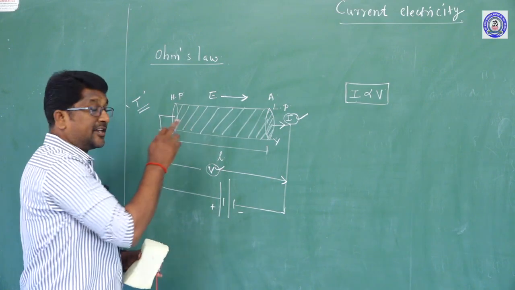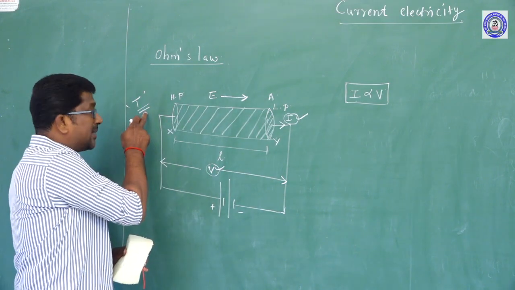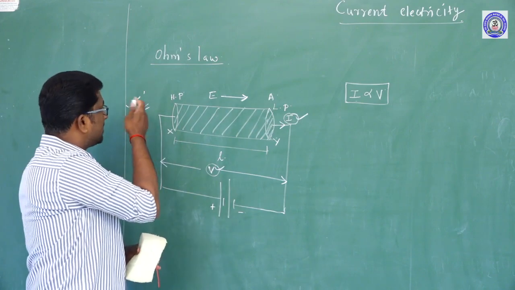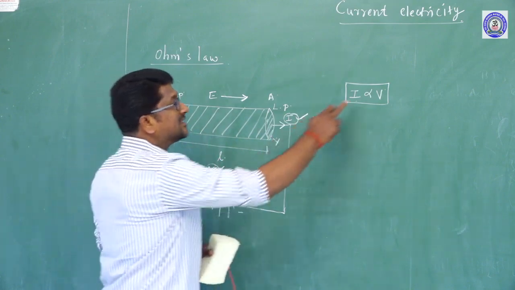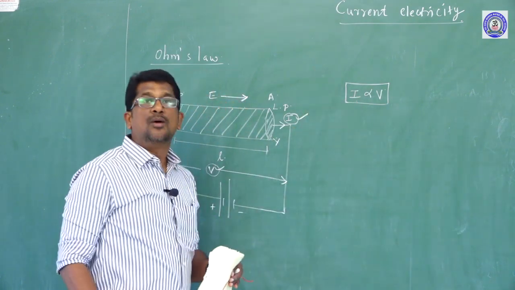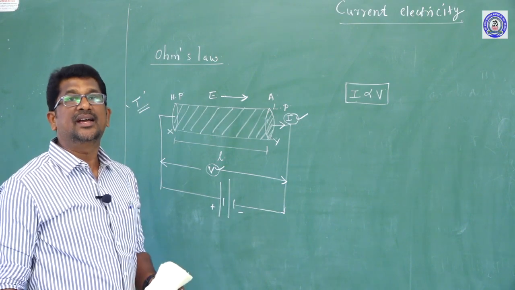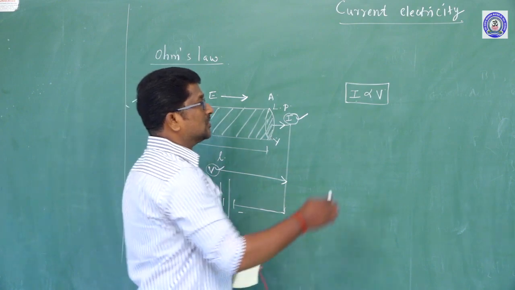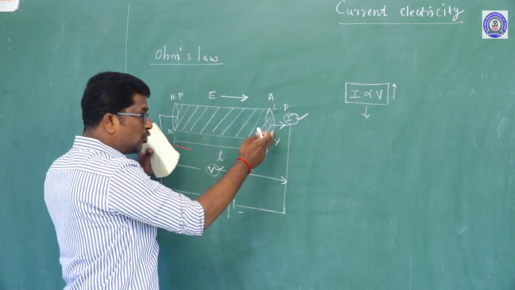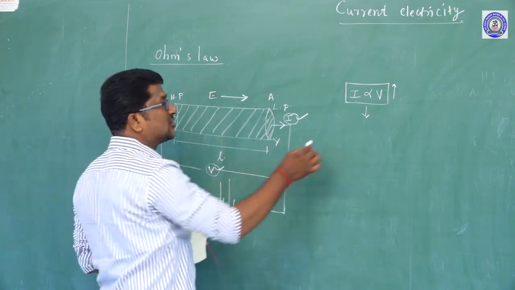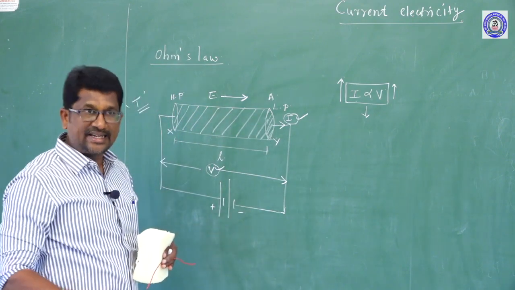So it means if the potential difference applied between the two ends of the metallic wire is increased, then the current flowing through the metallic wire also increases.